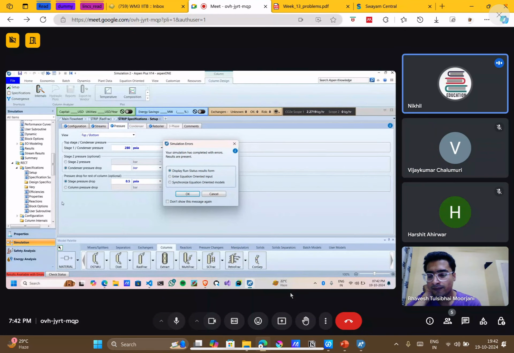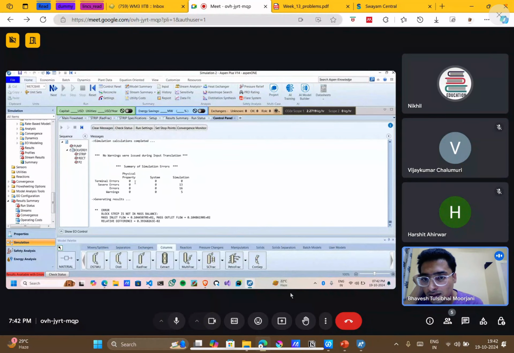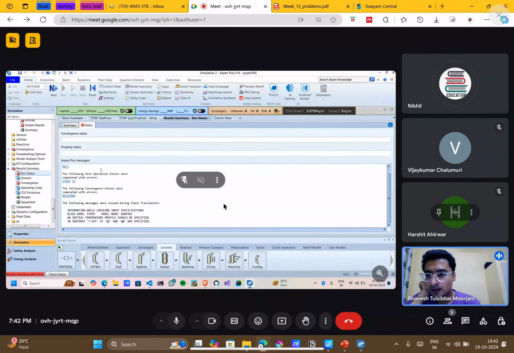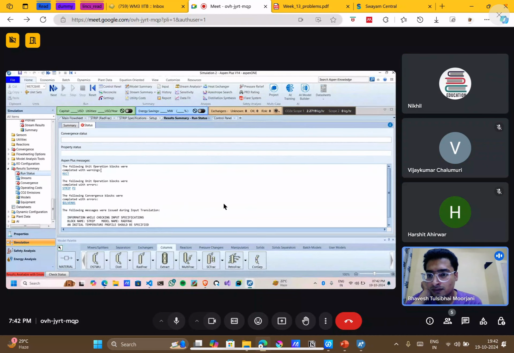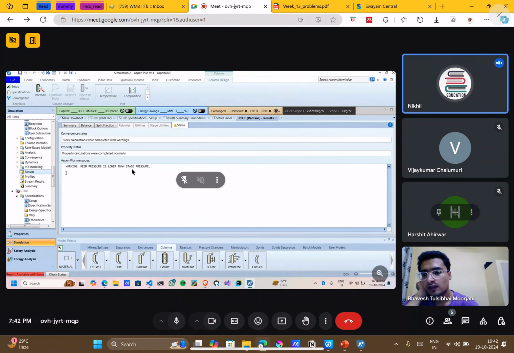Click OK. So the following unit operation blocks were completed with the error: pump P2. Can you click on run status in the result summary? The following balance. Can you click on the rectification column RECT? Warning: feed pressure is lower than the stage pressure.